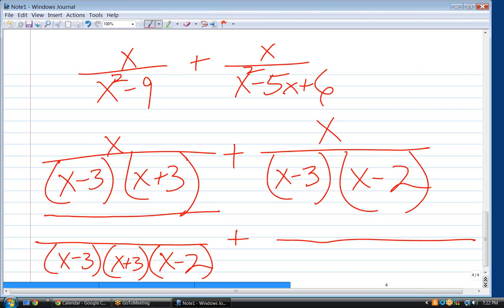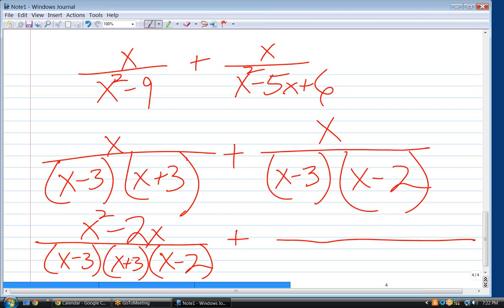Divide those two terms into these three terms. Take your answer and multiply it by the numerator. That's what goes there. Oh. x and x minus 2. Yeah, x squared minus 2x.